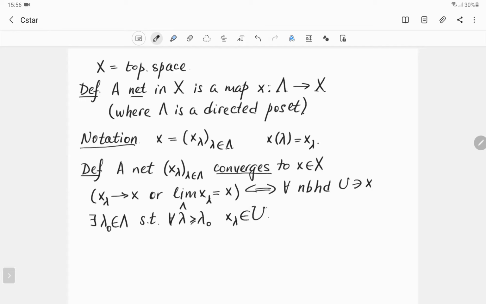So clearly this is the same as the convergence of sequences. If big lambda is a set of natural numbers with the usual order relation, then we get just the definition of a convergent sequence.